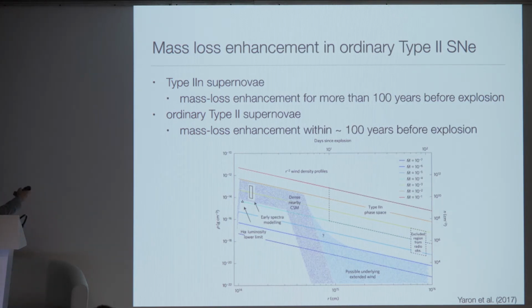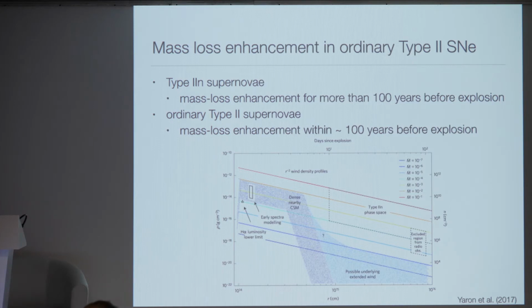So this mass loss enhancement of the progenitor before the explosion should be lasting for more than 100 years to have this extended structure. So this high mass loss rate should be continued for a long time.